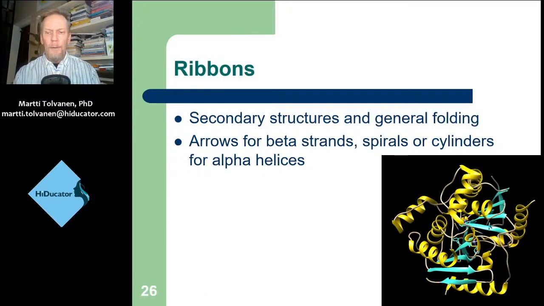Then the ribbon presentation or cartoon representation for the polypeptide. This is the textbook way of showing proteins, so that you see how the proteins are folded, how the polypeptide runs through space, and where are the alpha helices shown as spirals and beta strands shown as arrows. The arrowhead shows the direction from amino to carboxyl, and so the whole polypeptide is easier to follow, and we can see that this would be the last residue of this whole protein.